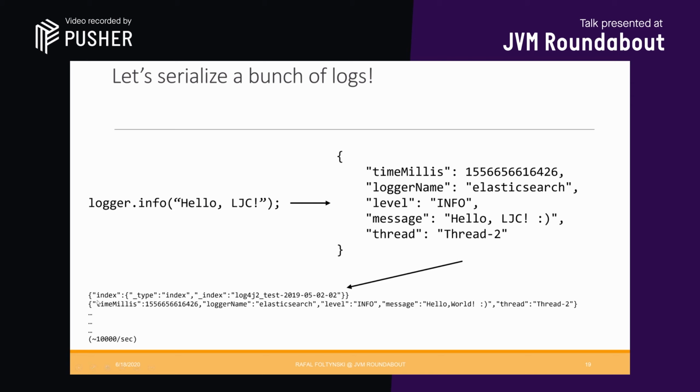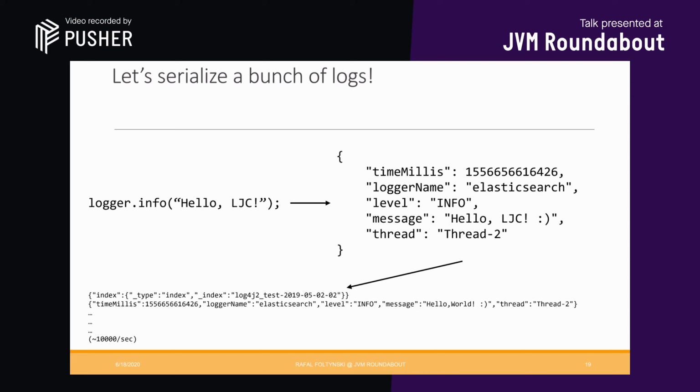The problem is that you can actually generate a lot of logs per second. The example that I'm going to analyze is sending 10,000 logs per second, and we're going to compare different approaches to do that.